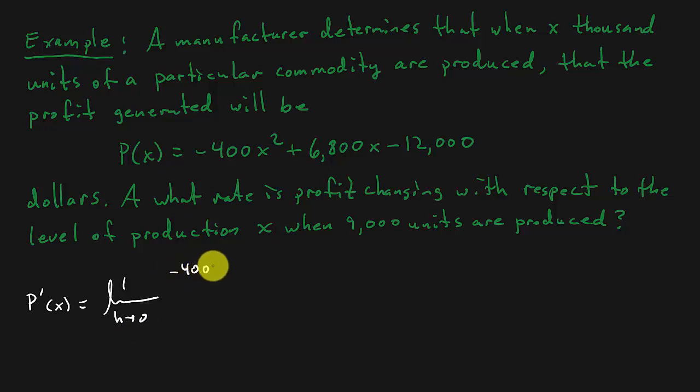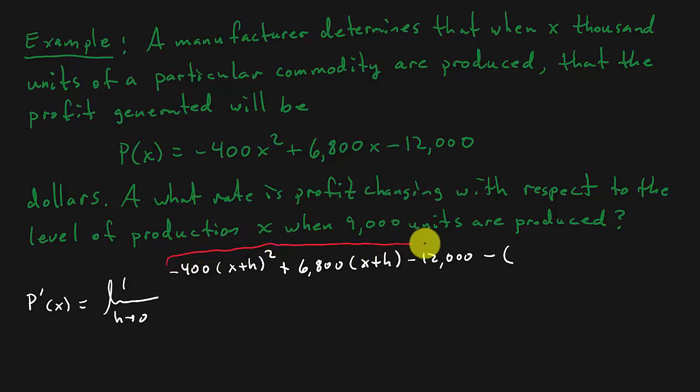Negative 400 times x plus h squared, plus 6,800 times x plus h minus 12,000, minus, okay, so keep in mind this part right here is your p of x plus h. That's replacing each of the x values with the x plus h. And then that is minus what? That's minus p of x.